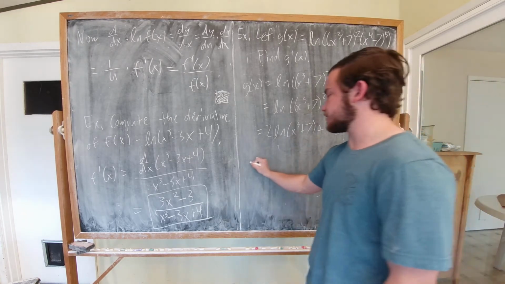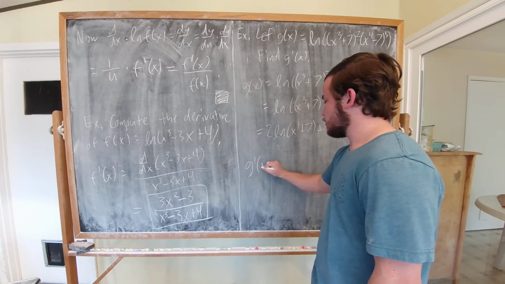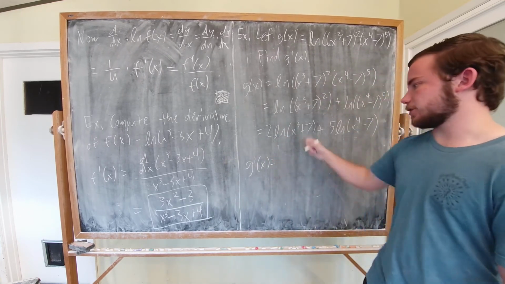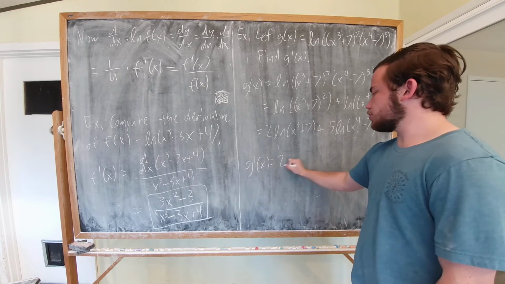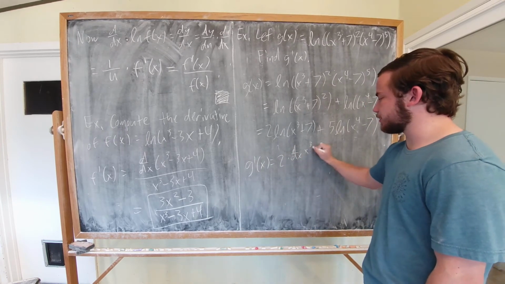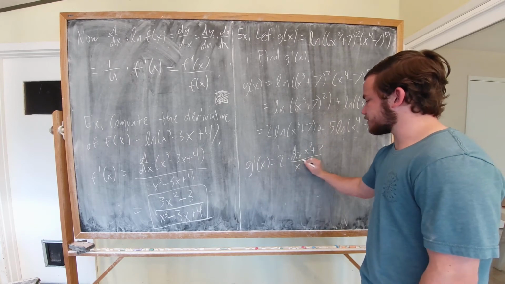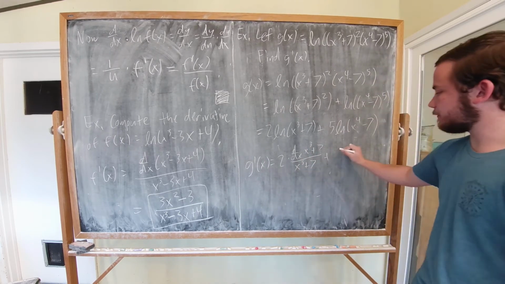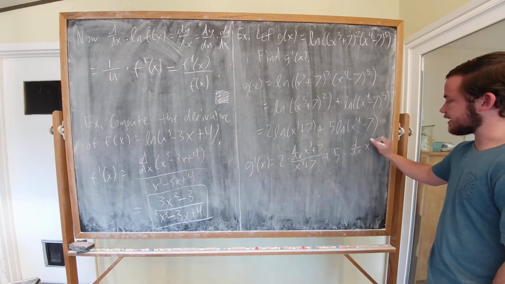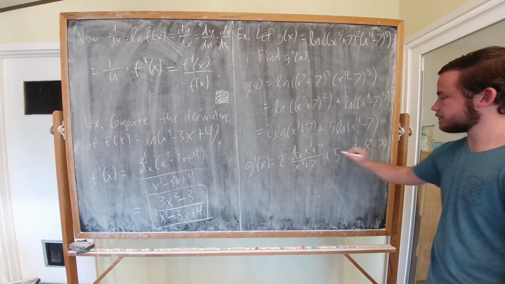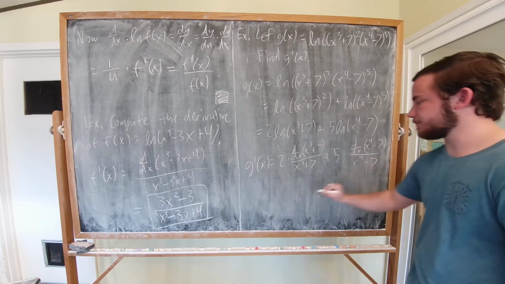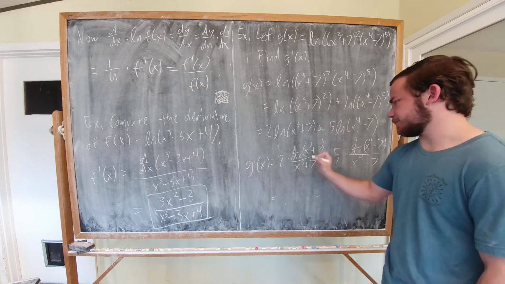So g prime of x will equal, we know what the derivative of natural log of a function is, 2 times the derivative with respect to x of x cubed plus 7 over x cubed plus 7, plus 5 times the derivative with respect to x of x to the 4th minus 7 divided by x to the 4th minus 7. That's a one-step simplification.